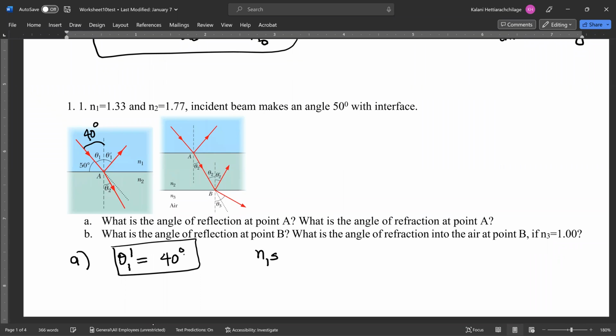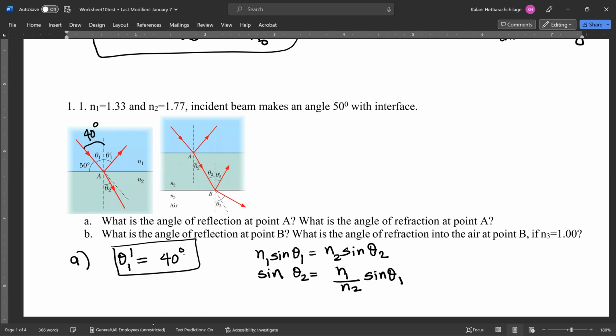N1 sine theta 1 is equal to N2 sine of theta 2. Theta 2 is the one I need to find out. Because of that, I can write theta 2 from here by dividing by N2 first. N1 divided by N2 times sine of theta 1 equals sine theta 2.